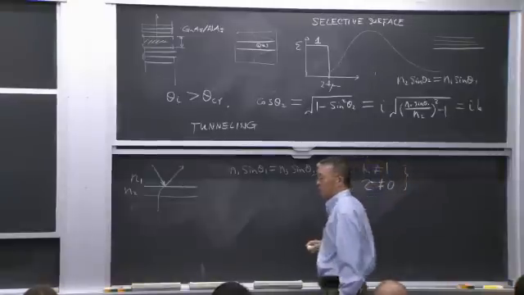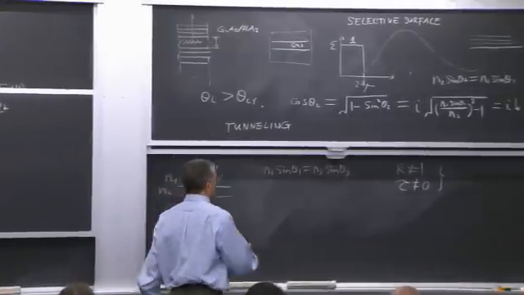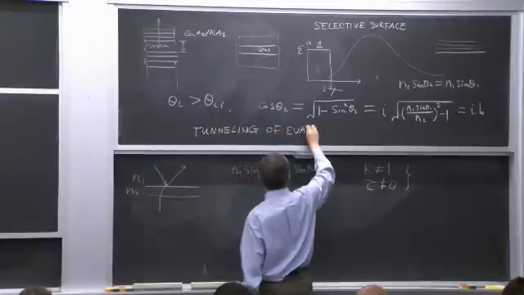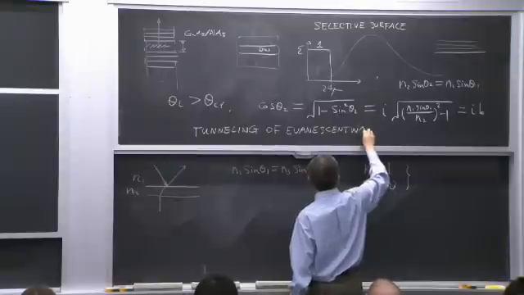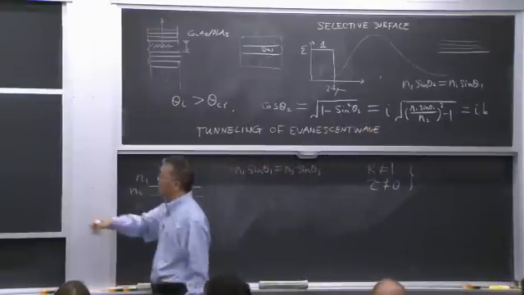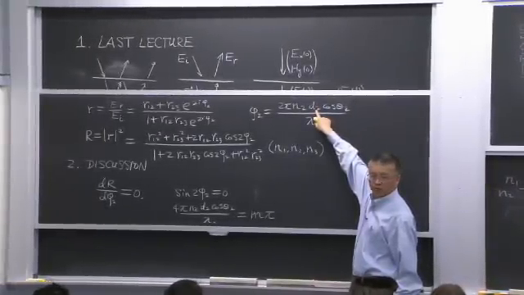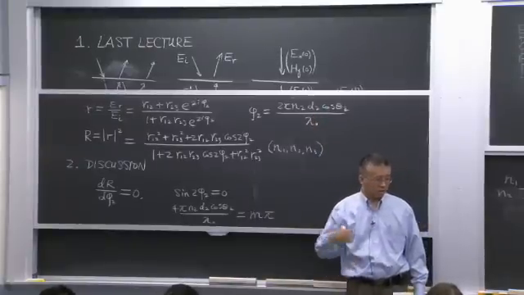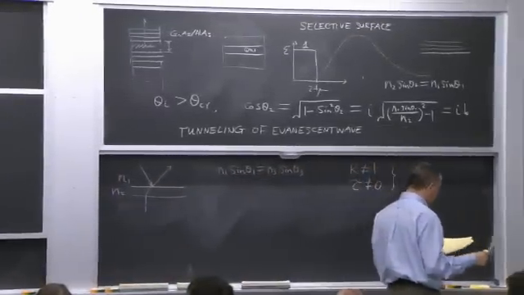So I have finite transmission, a tunneling of this evanescent wave. The distance for that to happen is when the separation or the thickness of the film is comparable to wavelengths. That's an exponential function, right? So that gives you the order of magnitude.